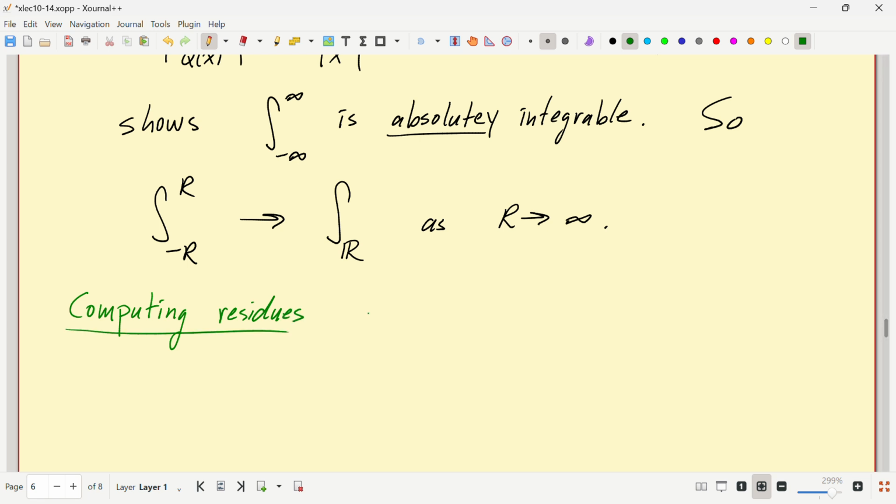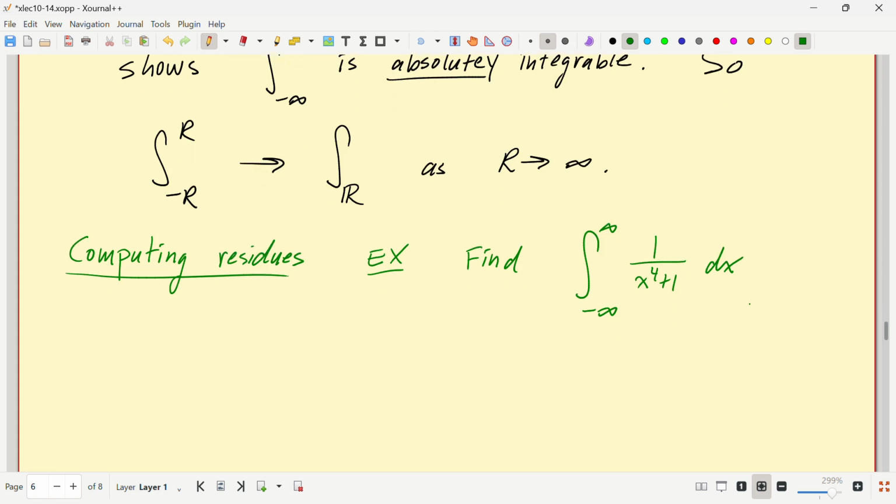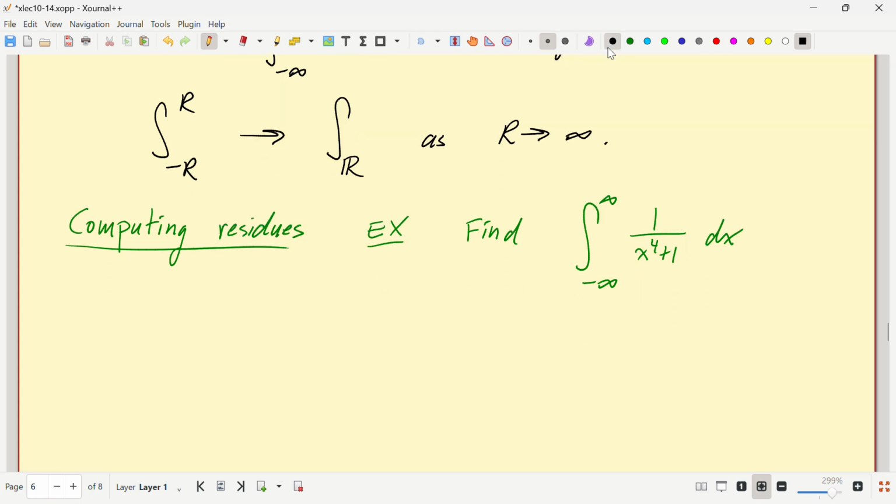One of my favorite examples that I always do first, I want to compute the integral from minus infinity to infinity of 1 over x to the 4th plus 1 dx. Let's see.